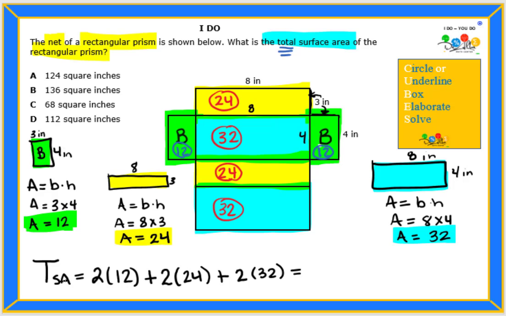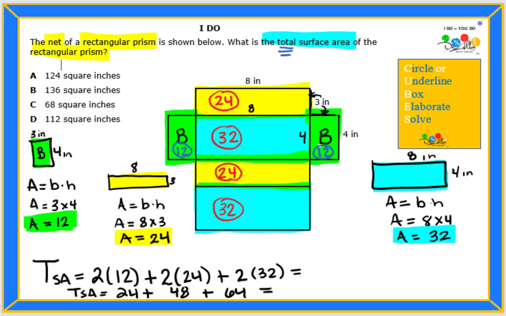So if I simplify this, 2 times 12 is 24, plus 2 times 24 is 48, plus 2 times 32 is 64. So our total surface area is the sum of those 3 numbers.